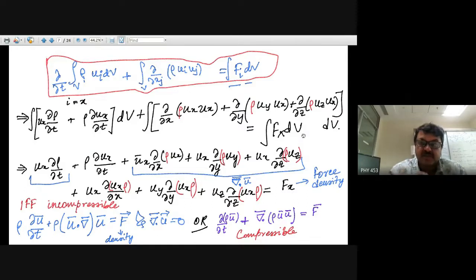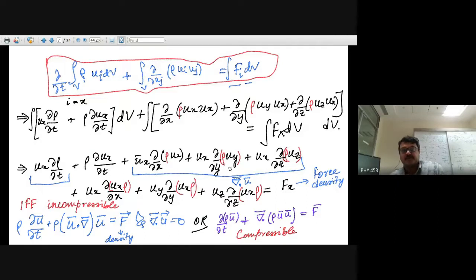Now, since we're talking about the same volume element, I've removed the integral sign here, and then this equation becomes something like this. What I've done is make this operate over u_x, make this operate over u_y, and keep u_x outside.